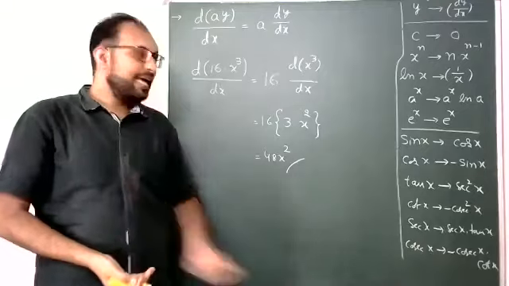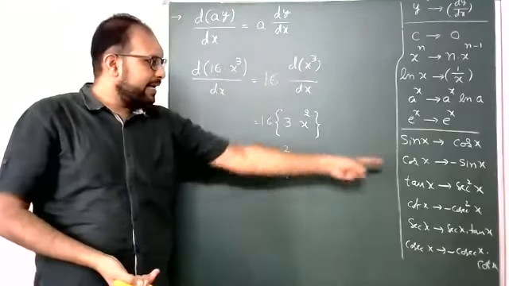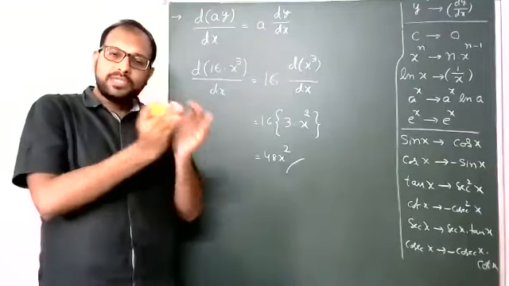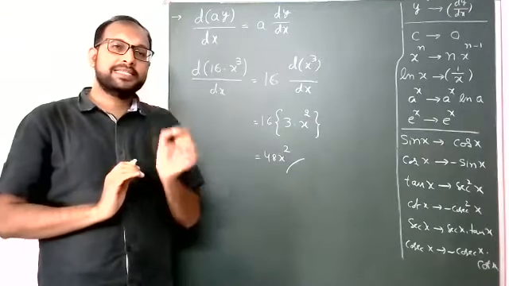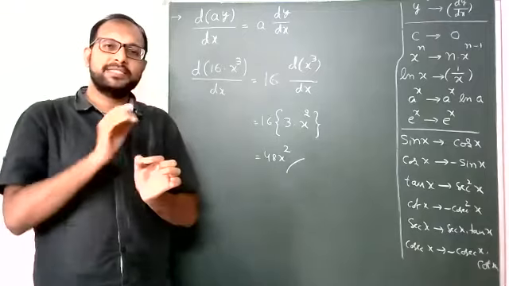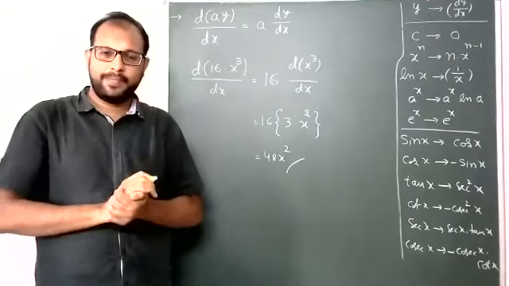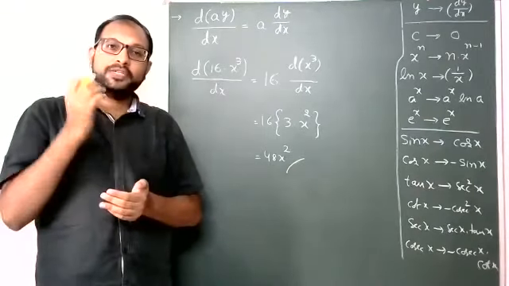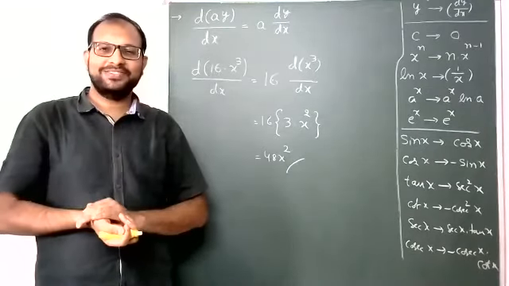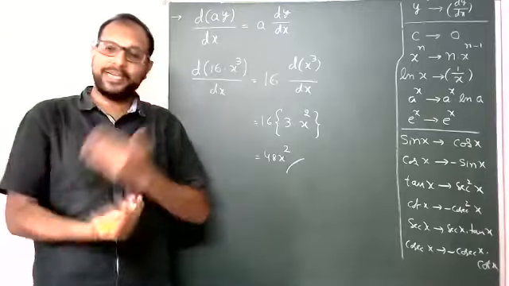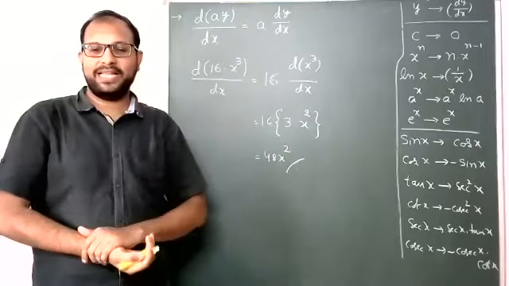So like that, any constants there, take them separate and then write. But suppose students, 16 into tan x, okay, 16 secant square x. Suppose tan of 16x, that we can't write. That is another principle, again, I will explain that.